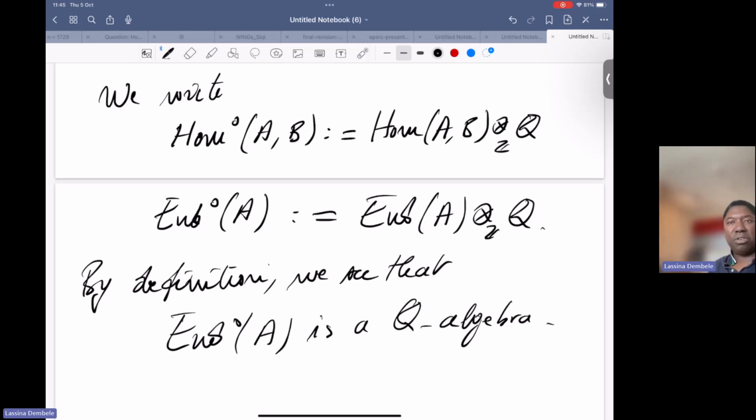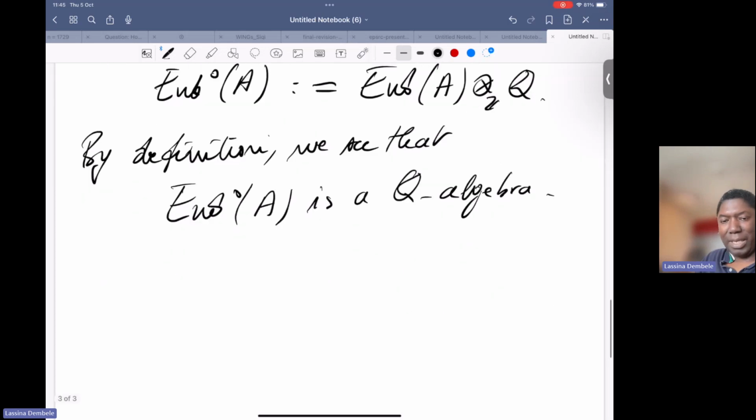In fact, we are going to give a very precise description of this endomorphism ring a bit later. But for now, we are going to discuss additional properties of abelian varieties.